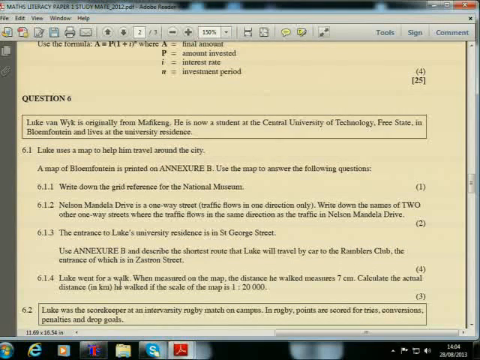It says here, the entrance to Luc's university residence is in St. George Street. We must use Annexure B and describe the shortest route that Luc will travel by car to the Ramblers Club, the entrance of which is in Zastron Street. Now I'm not going to go back to the map right now, because as you saw earlier, the map is not very clear.